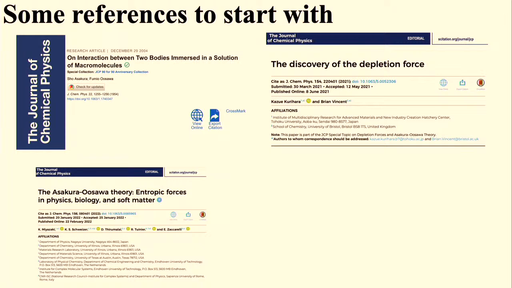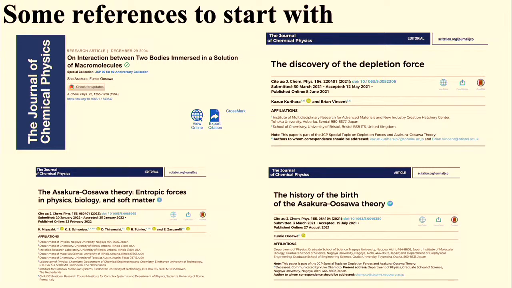This paper is really nice; it has all the references of the work done from 1954 to 2021: what kinds of experiments, simulations and theory people have developed to study these things. This paper is also by Osawa himself, from 2021, two years back. Here he also mentions the history and how he came up with the idea.